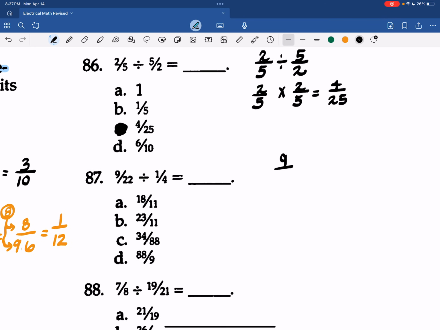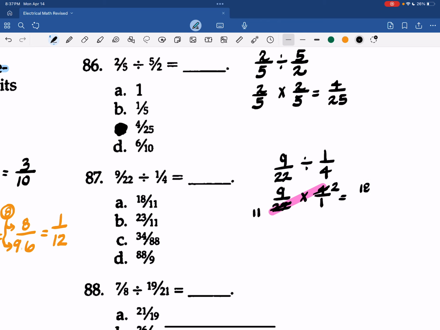9/22nds divided by 1/4. We are ready to flip the fraction that follows. I can cancel. It's not going to be a huge help, but some. 2 into 4 is 2. 2 into 22 is 11.